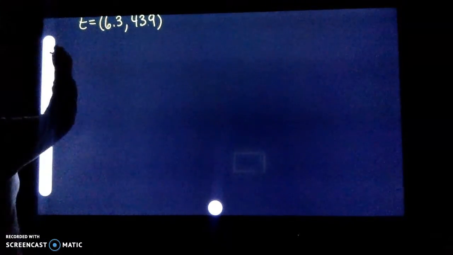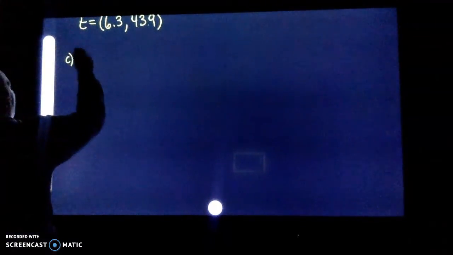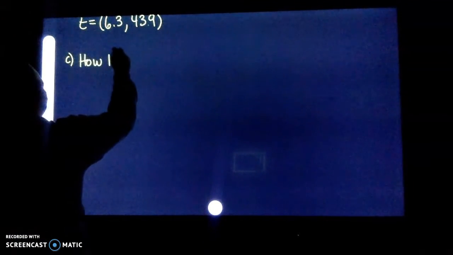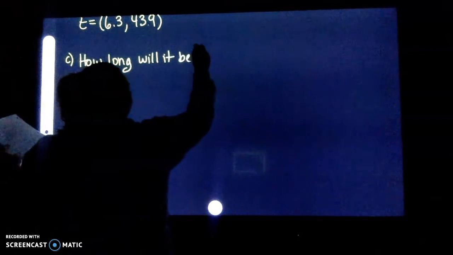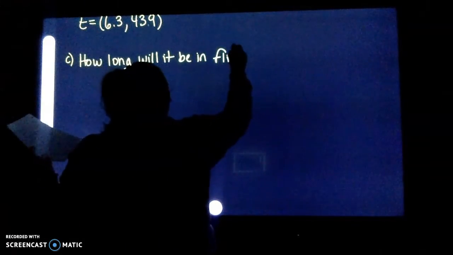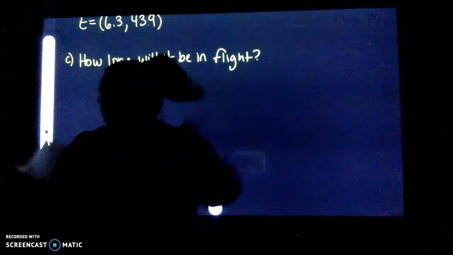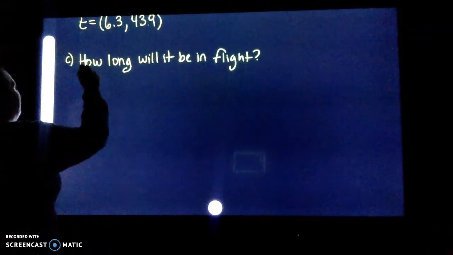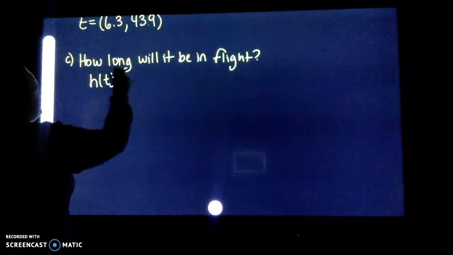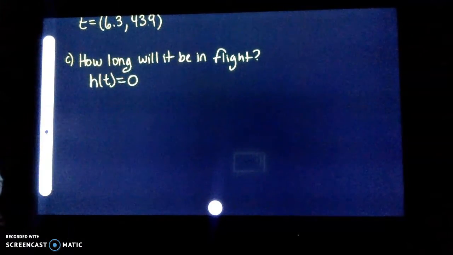Part C asks, how long will the projectile be in flight? Which is basically just asking, how long will it be before that projectile hits the ground? And if it hits the ground, it's clearly at a height of 0.